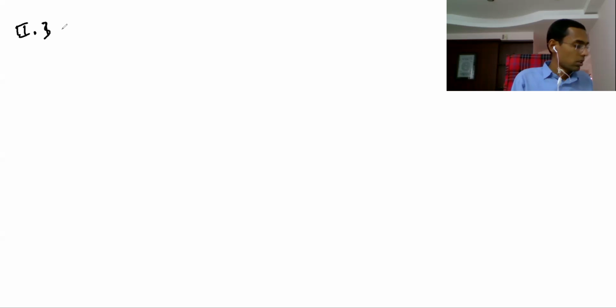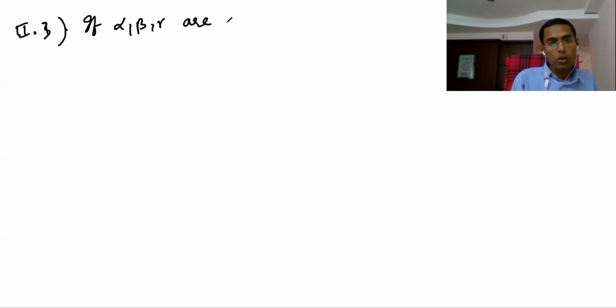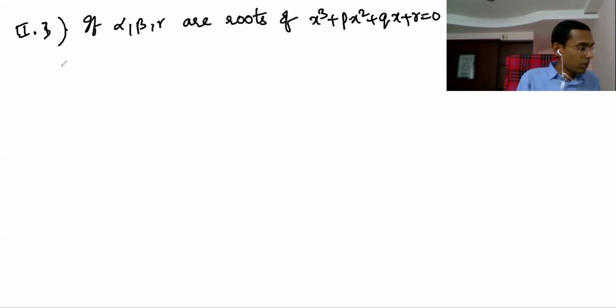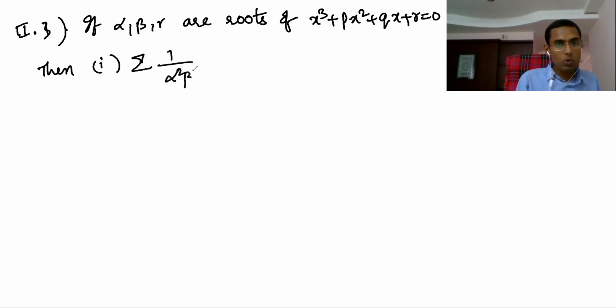Third question. If alpha, beta, gamma are roots of x cube plus px square plus qx plus r equal to 0, then find: first, summation 1 by alpha square beta square.